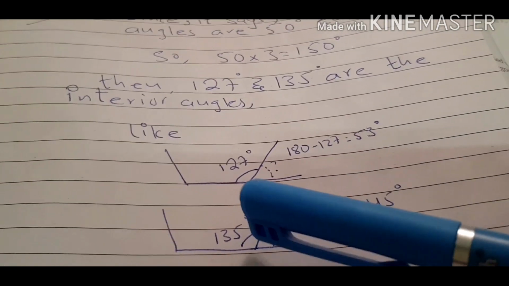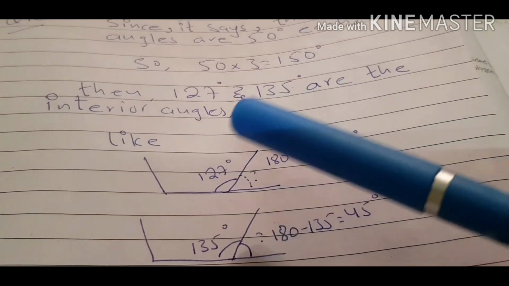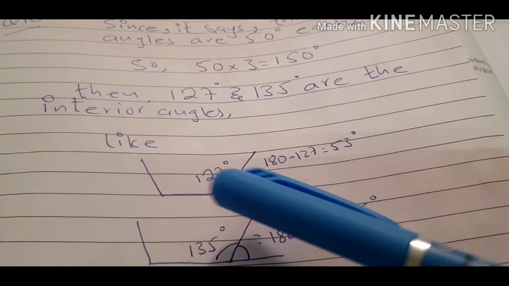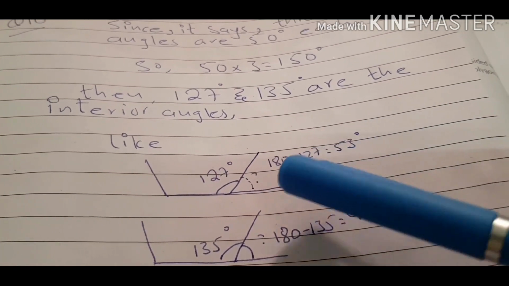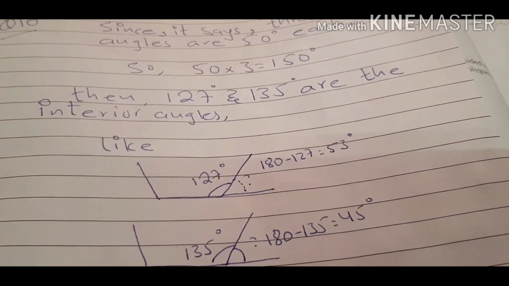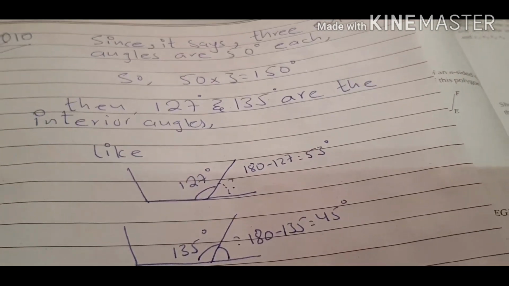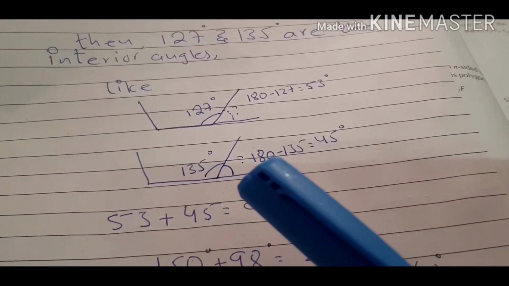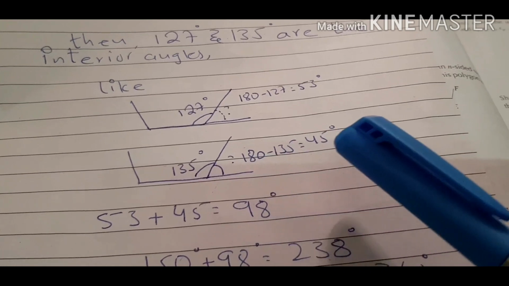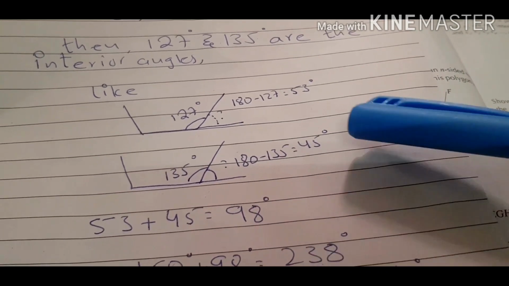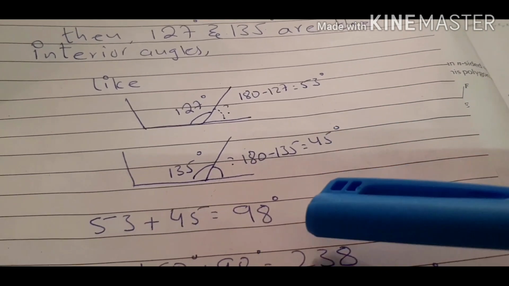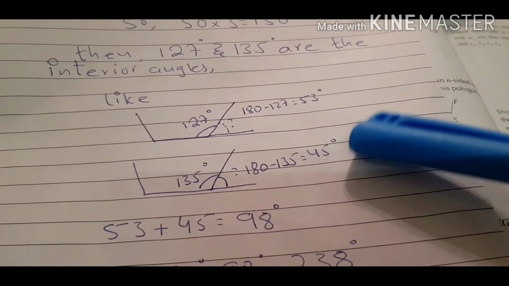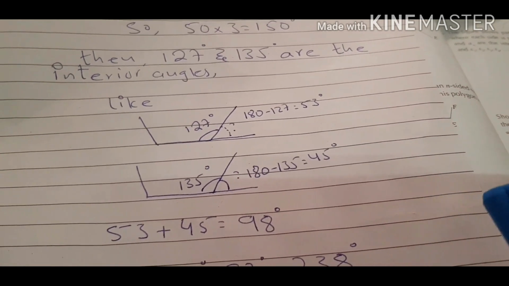Interior plus exterior is 180, so 180 minus 127 gives 53, and 180 minus 135 gives 45 degrees. If we add both of these exterior angles, it will be 98 degrees, plus 150 from the first part.